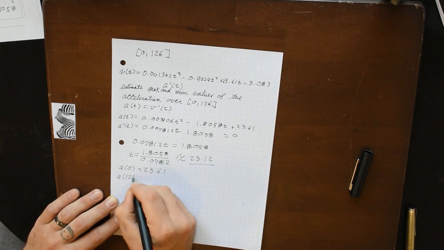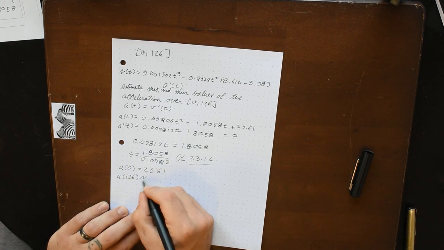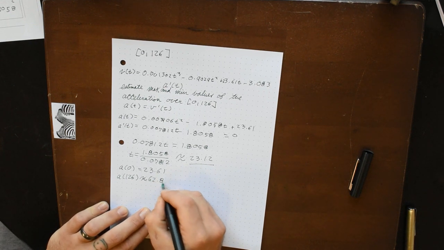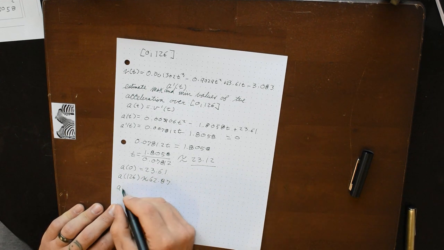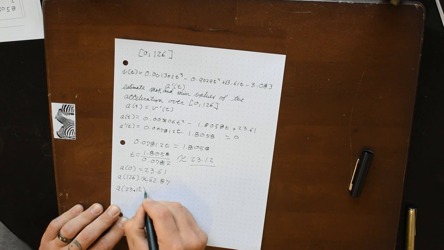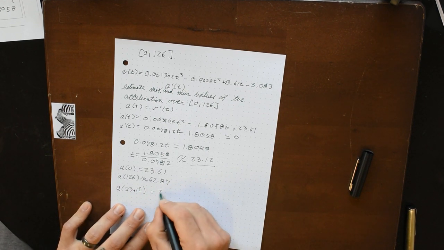A of 126 is about equal to 62.87. And now we need to figure out the acceleration at this time, 23.12. And that's equal to 21.52.